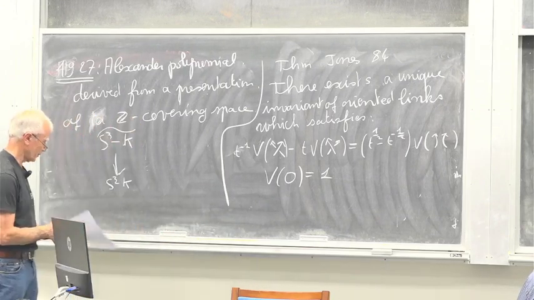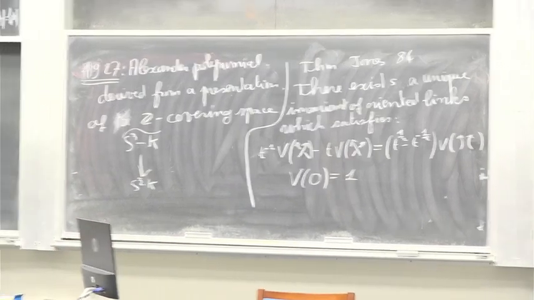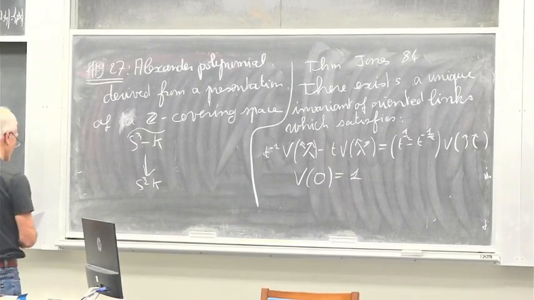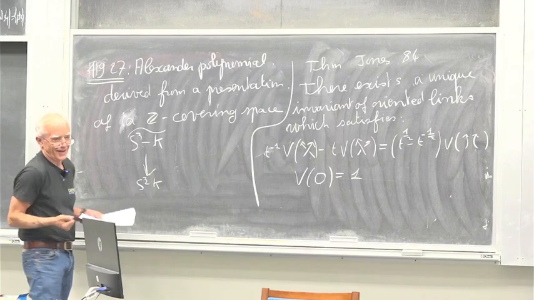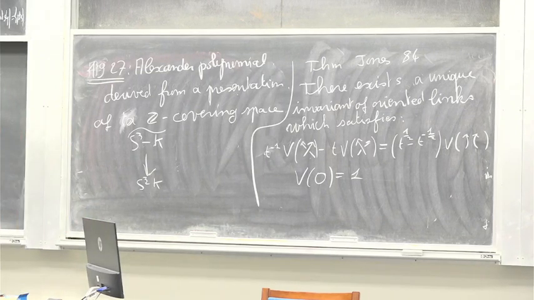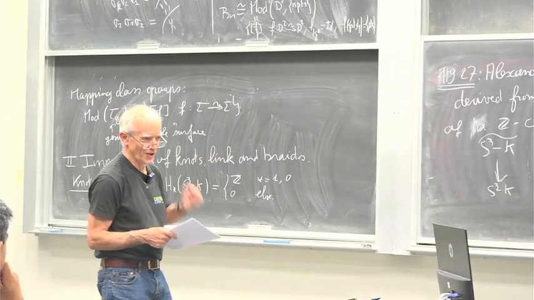The anecdote is that when he found this in Geneva in a coffee shop, he was talking with people, and he said, I found an invariant of knots. And somebody said, no, you found the Alexander polynomial.